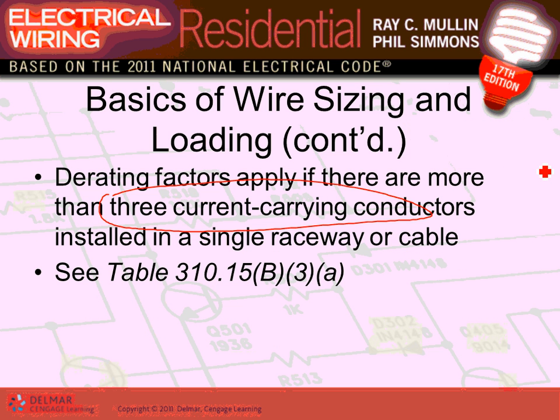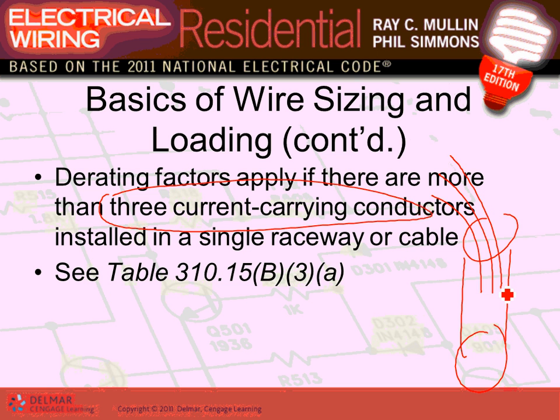Now if you decided, here's my conduit here. If you decided to use 1, 2, 3, these are 3 hots. Hot 1, hot 2, hot 3. 3 hots in a circuit with a neutral, a multi-wire branch circuit, say, with a neutral, and only 3 hots, then you don't have to derate.